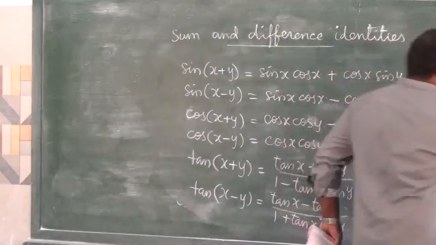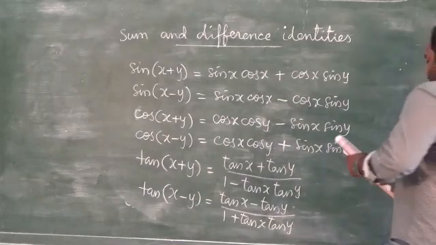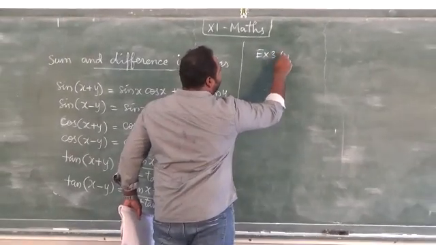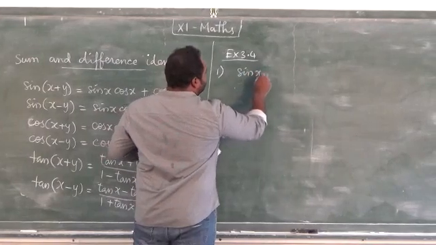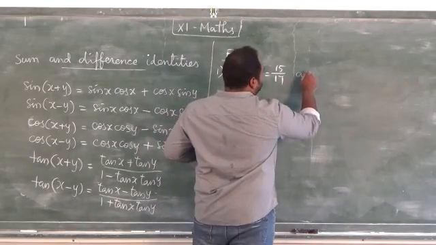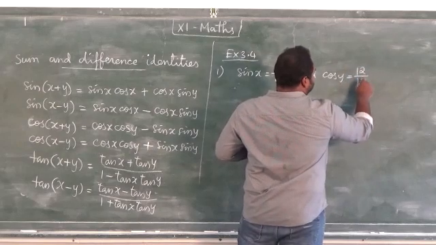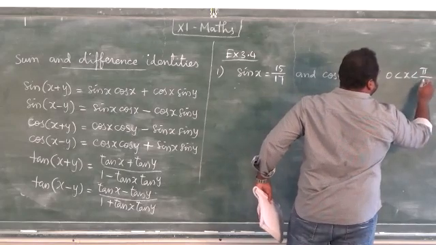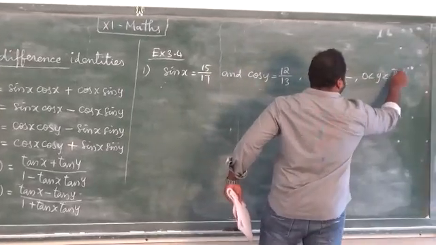First problem. Exercise 3.4, first problem. If sin x equal to 15 by 17 and cos y equal to 12 by 13, 0 less than x less than pi by 2, 0 less than y less than pi by 2.